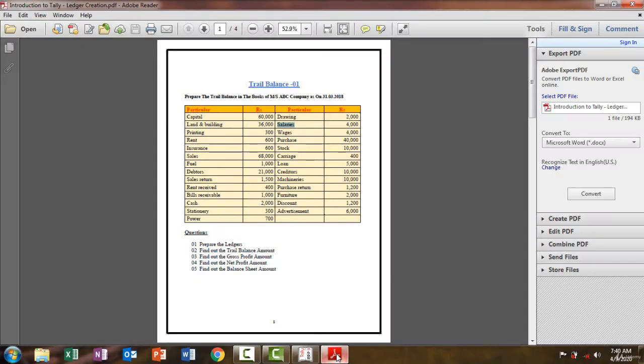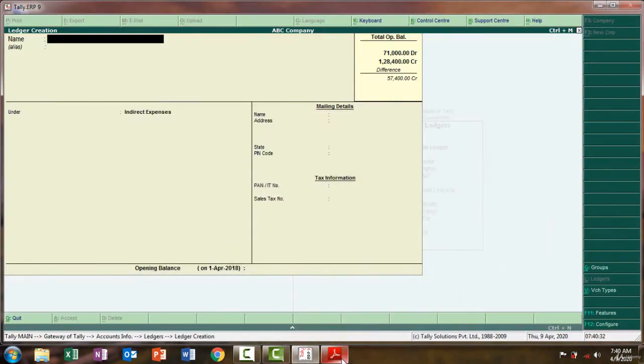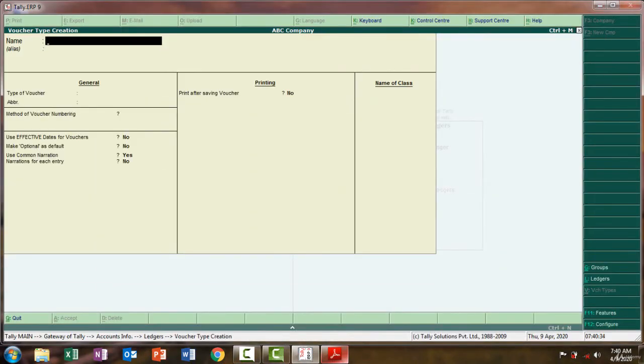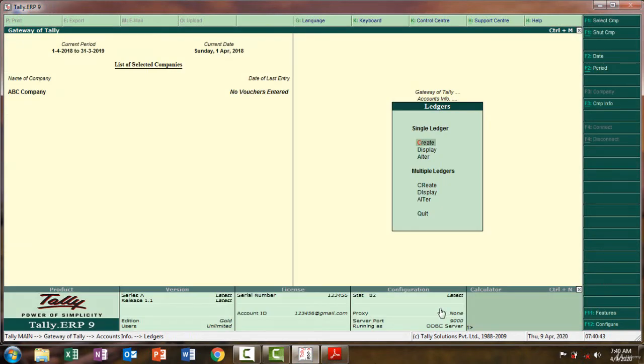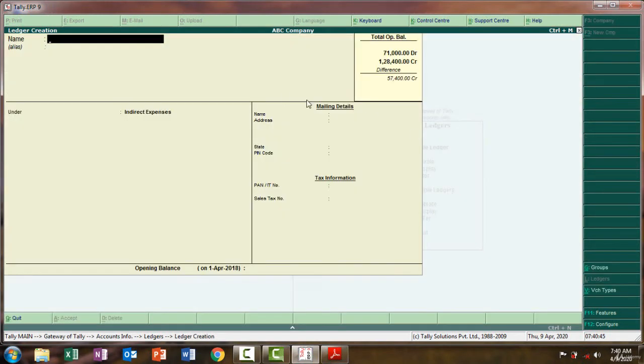Then wages. Wages are direct expenses because we are directly going to give it to the factory people. So the wages, single wages.